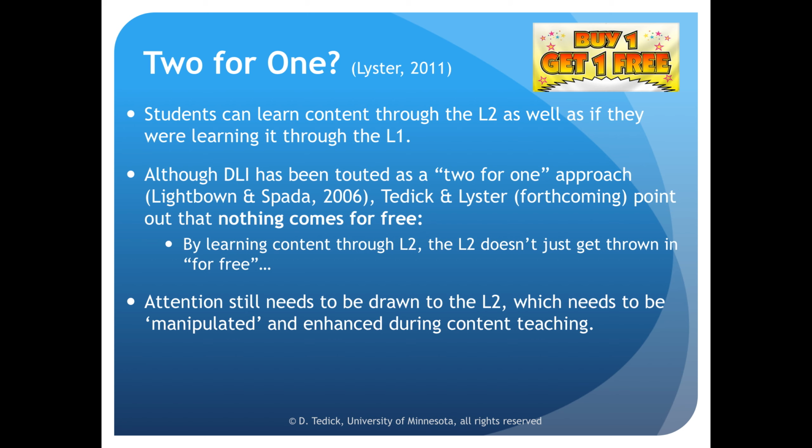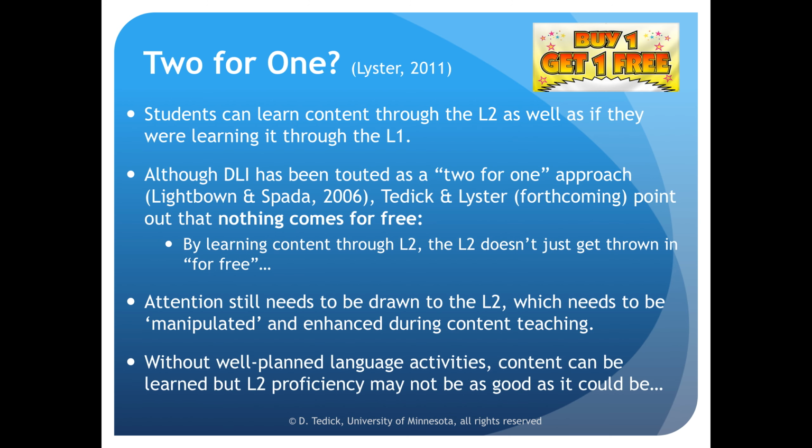So as second language learners are learning the form and metalinguistic awareness, we might be focusing more on metalinguistic awareness for those native speakers who are in our two-way programs. And what we know is that without well-planned language activities, content can be learned, but second language proficiency may not be as good as it could be.